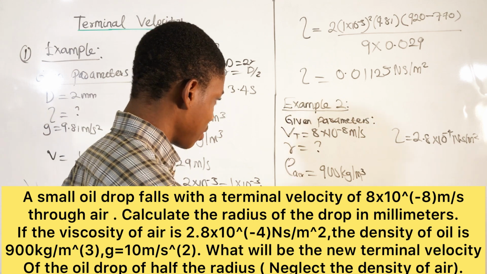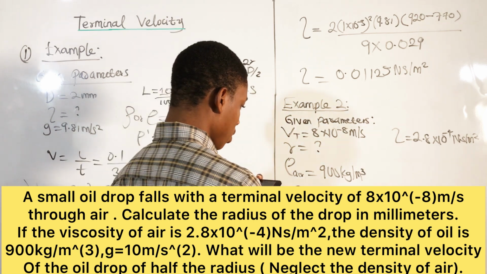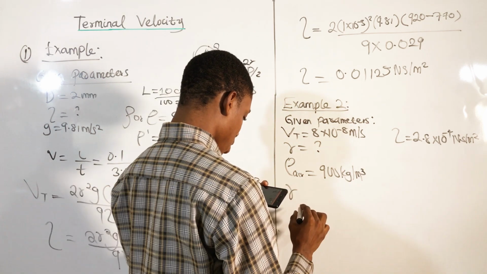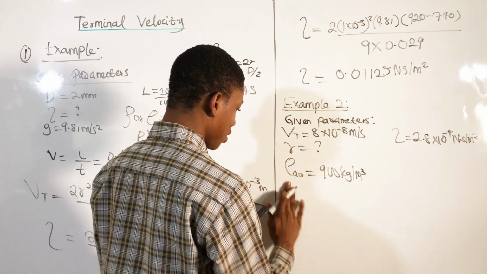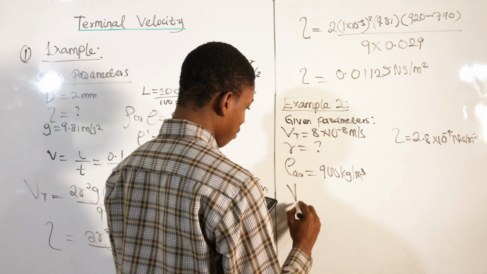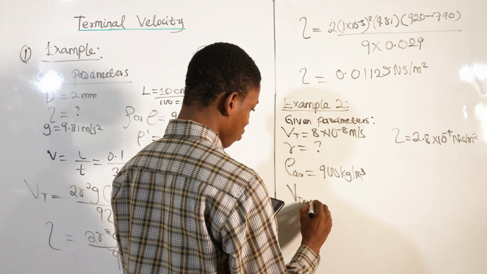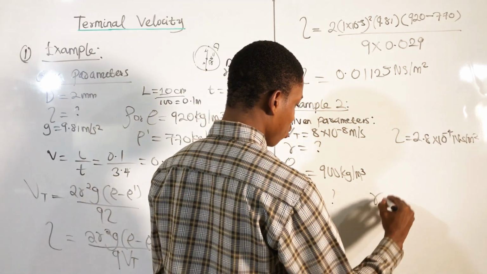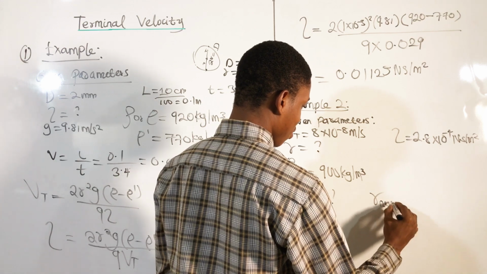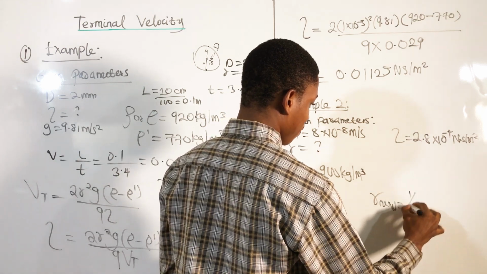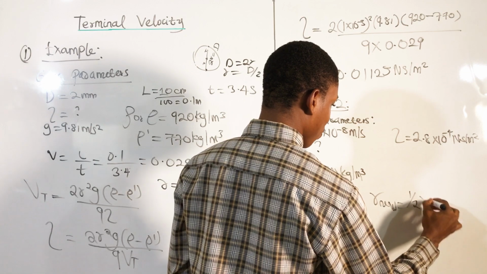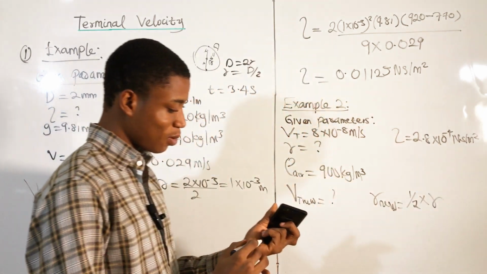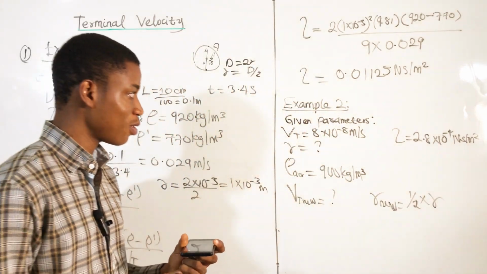Then the second part, they say we should calculate what? They say we should calculate the new terminal velocity. So let's put terminal velocity here, and new. Of course, we need it from the concept of the new radius, which is half of the one to calculate. So these are important concepts you should note.